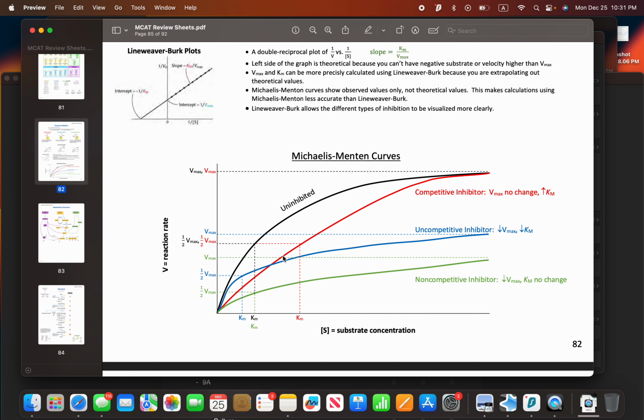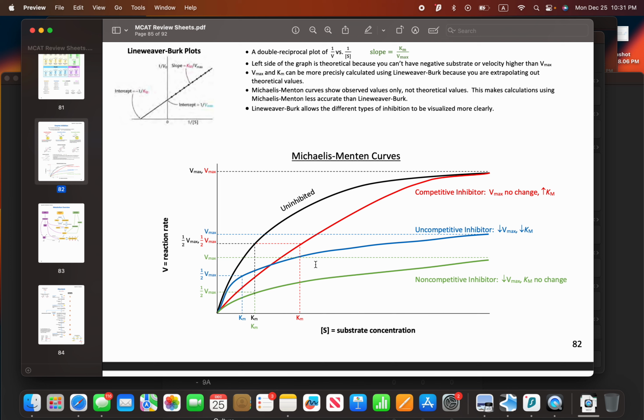The Michaelis-Menten curve is V versus the substrate concentration, and the substrate concentration is the Km. So the less Km you have, for example, for uncompetitive, you expect the lowest curve.